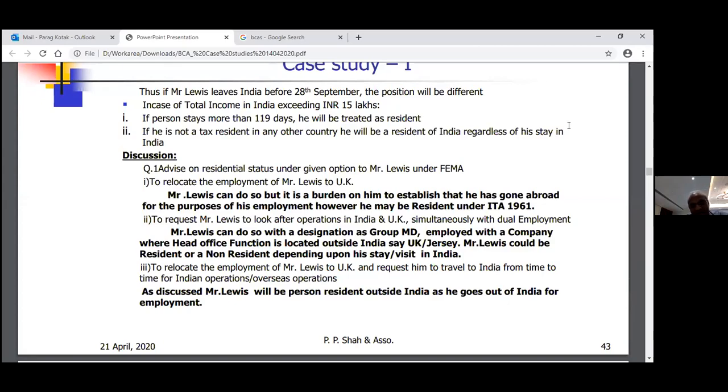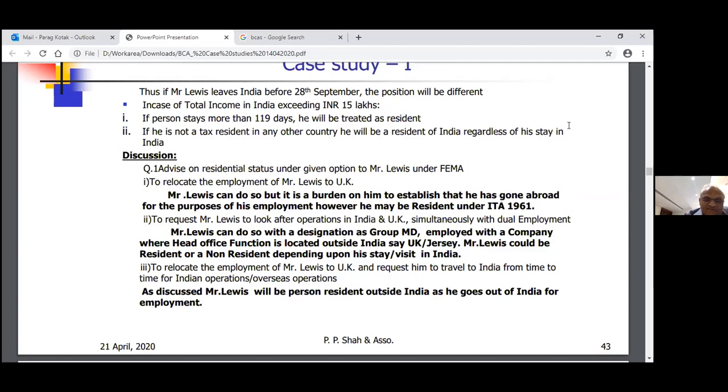This is the darker side rather than the scope of income, which is included in 5(2), according to me. So with that, I think we can definitely advise Mr. Lewis so as to say that whether you can take employment in UK or in any other jurisdiction which is a tax haven.